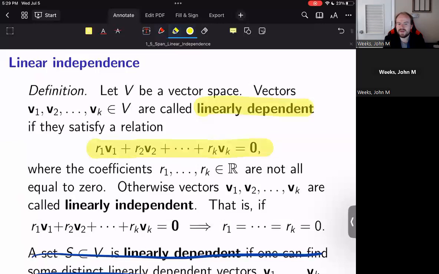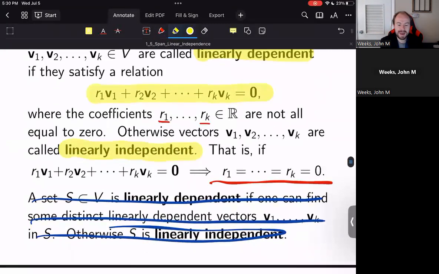So for example, in order to get this, you have to have some non-trivial solution R1 through Rk such that this system of equations equals 0. If you don't get that, if the only way that this is equal to 0 is if all of R1 through Rk, your coefficients for your linear combination, individually equal 0, then that's what we mean when we say that the vectors are linearly independent: there is no redundancy in choosing spanning elements.